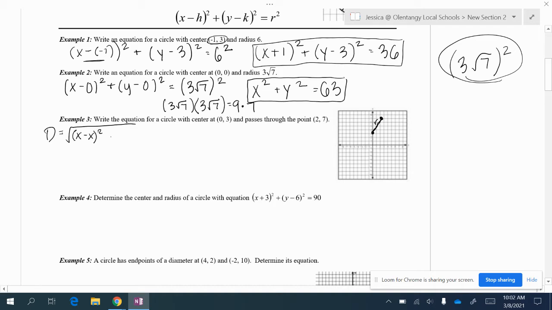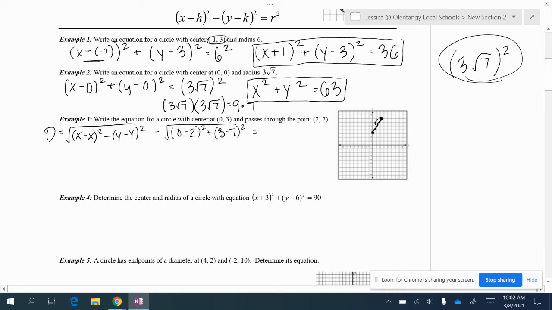We are going to be using our distance formula. And again, this is to find the radius. The distance between our center and that point would be our radius. So here, going to subtract our x's, so 0 minus 2 squared, and then subtract our y's, 3 minus 7 squared. Remember that the order here doesn't matter.